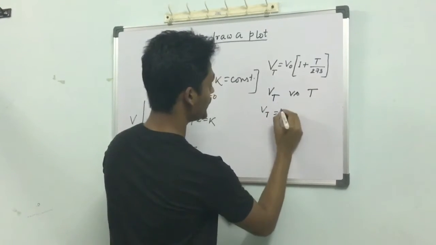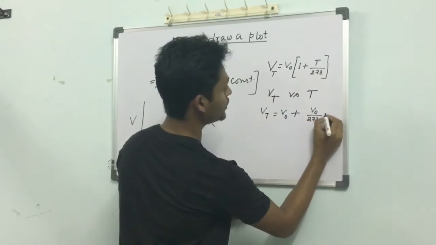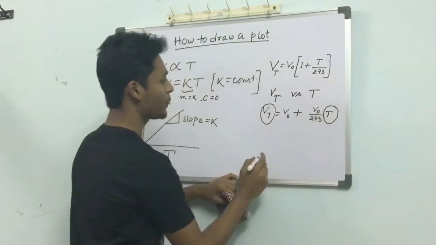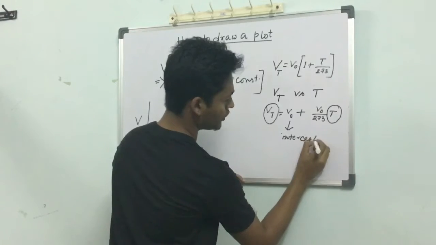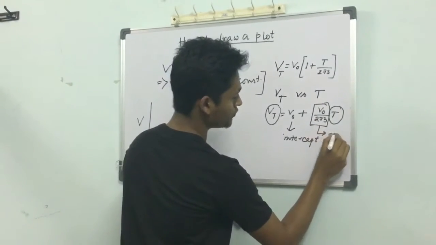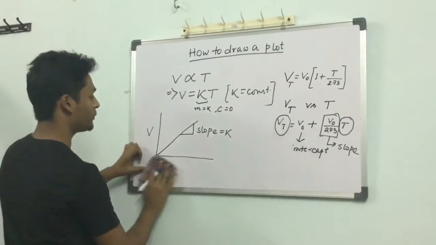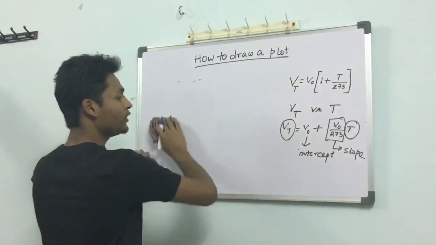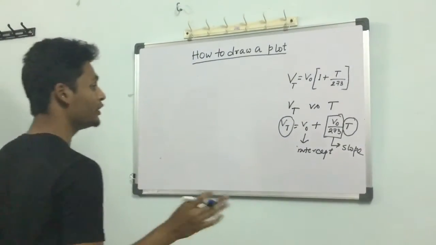We can write it as Vt equals V0 plus (V0 by 273) T. So this will be our intercept and this will be our slope. If we draw this, it will give us a straight line with intercept V0 and slope V0 by 273.